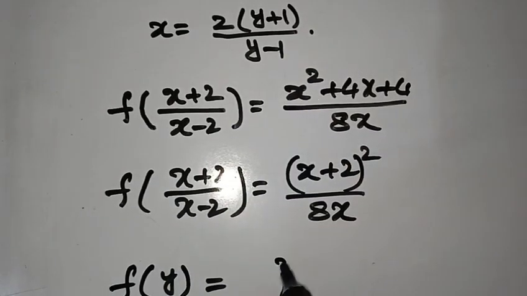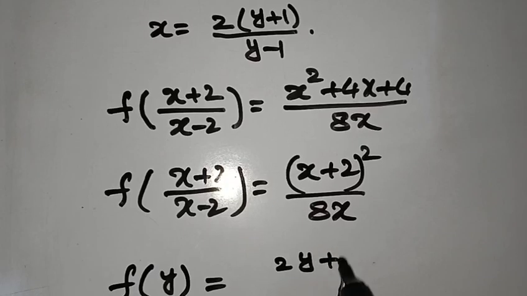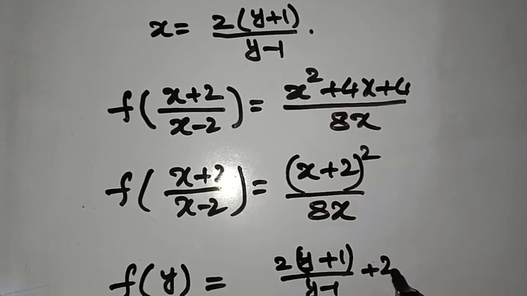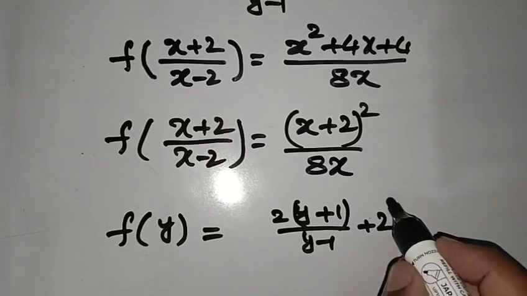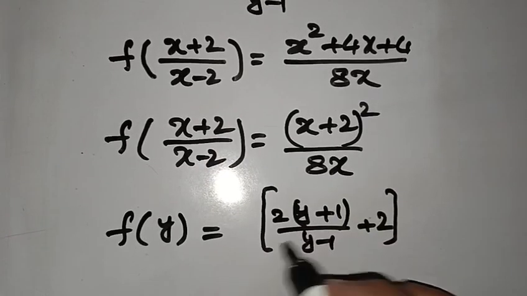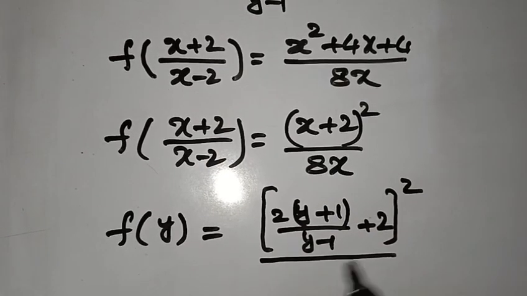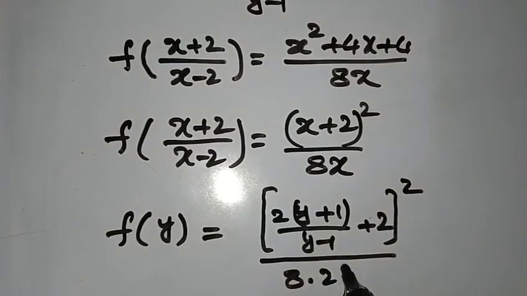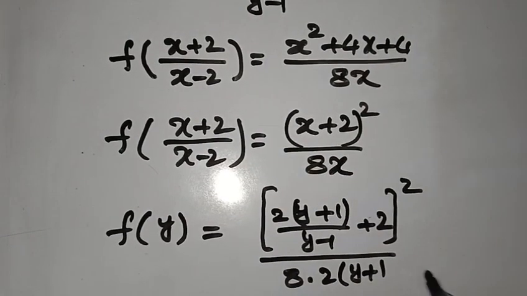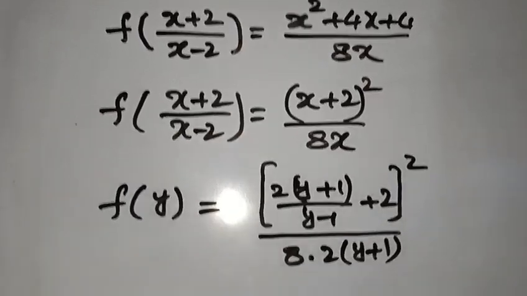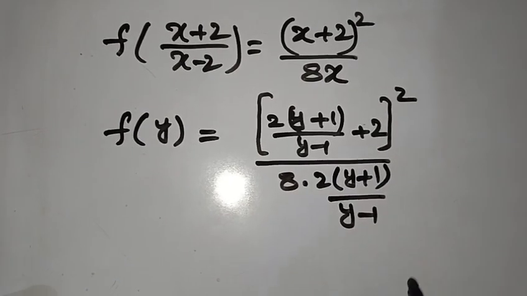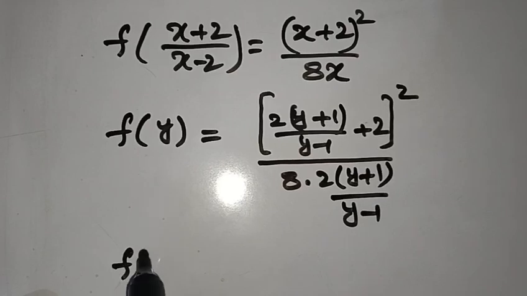So writing that, 2 times (y+1)/(y-1) plus 2, this is whole square, by 8 times this value, 2 times (y+1) divided by (y-1).